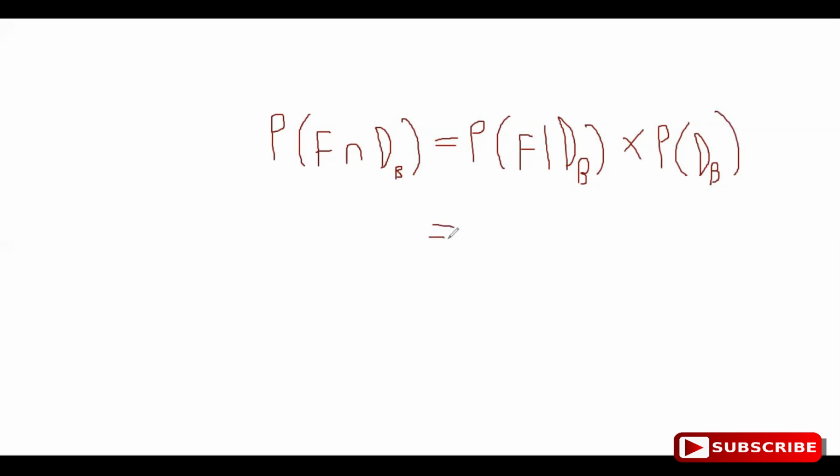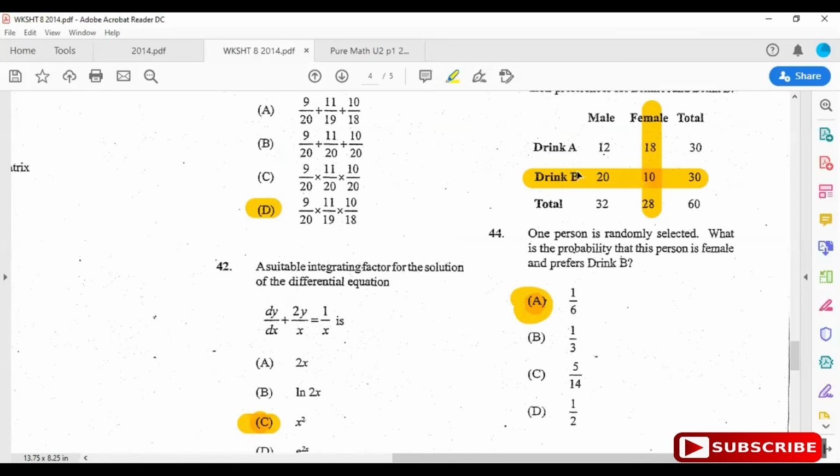Given that you drink B, that's 30, and the chance of you being a female is 10.